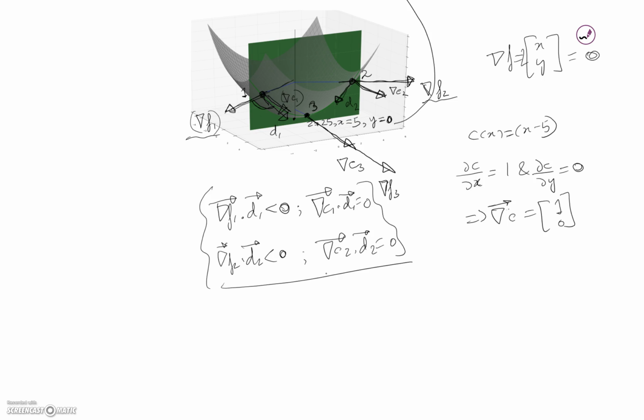Now let's go to point 3. At point 3, del f3 and del c3 become parallel, and what this means is that there is no way to decrease f without changing the value of c as well.